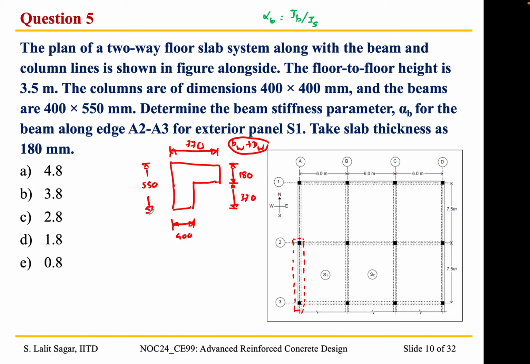I'll tell you where I got it. So you have to locate the centroidal axis. Y bar is equal to summation of AI into YI divided by the total area.